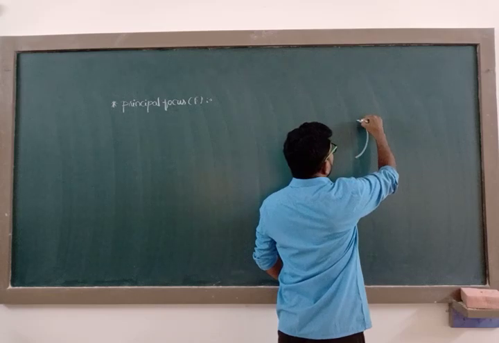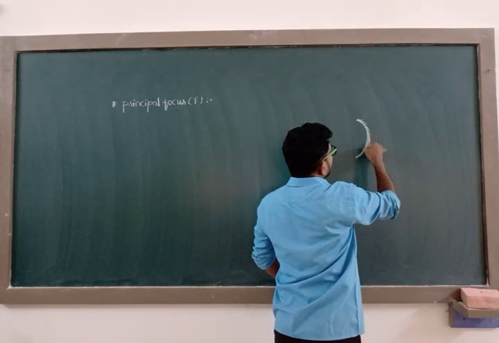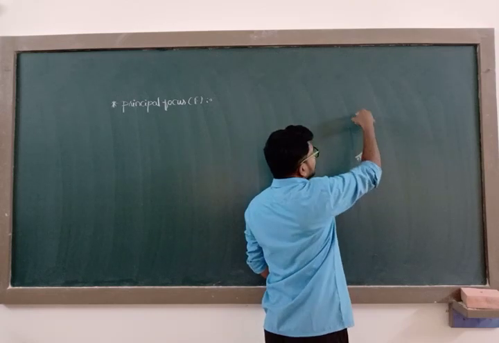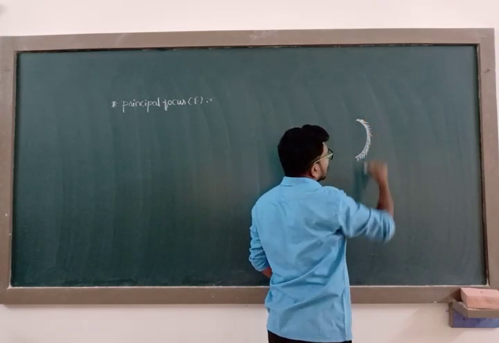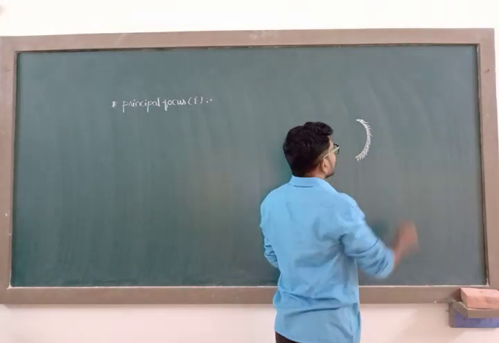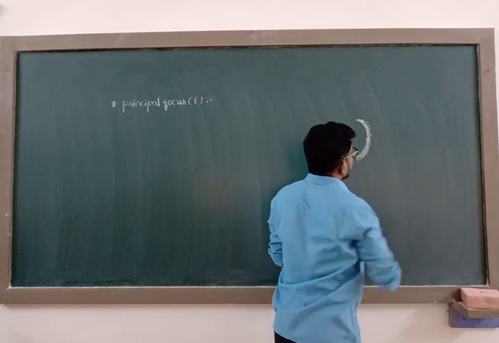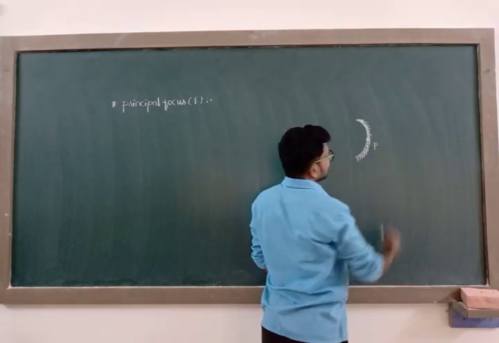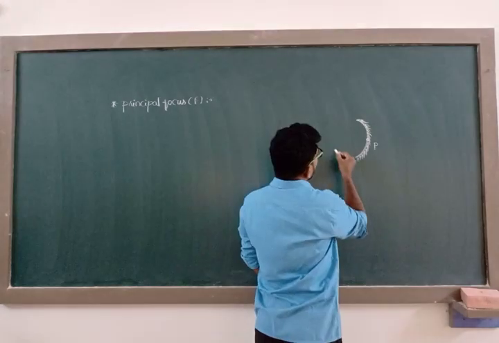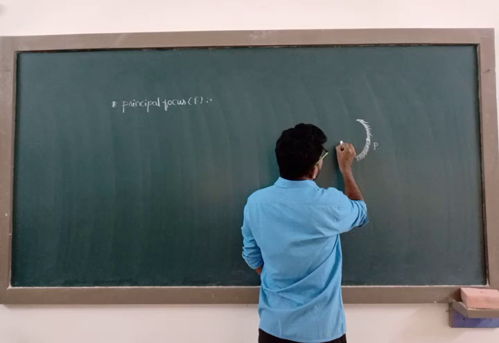So here outer surface is opaque, inner surface is reflecting. This point is known as pole. It is represented by P. Let us consider the center of curvature.